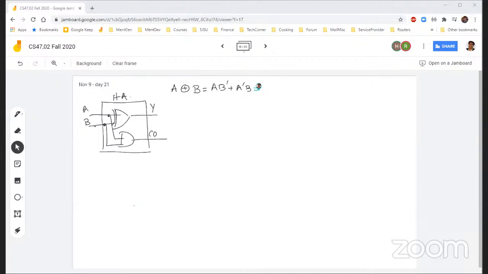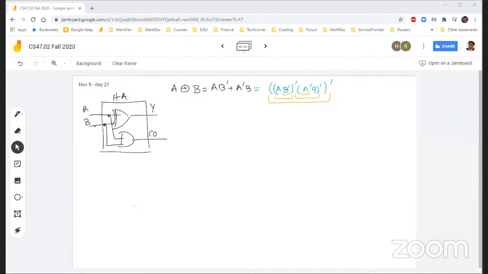By De Morgan, it is AB bar whole bar, A bar B whole bar. That means I have 1, 2 NAND, then 3, 4 NAND, and 5 NAND altogether, right? This is the simplest thing.